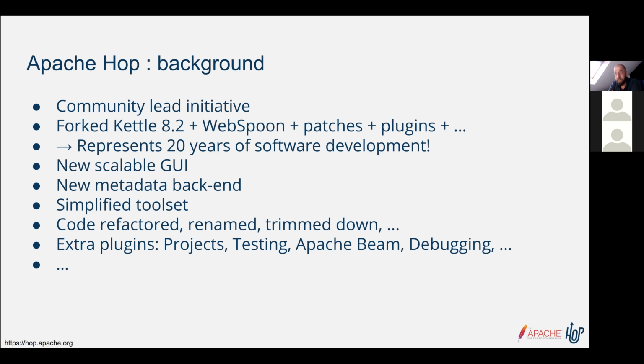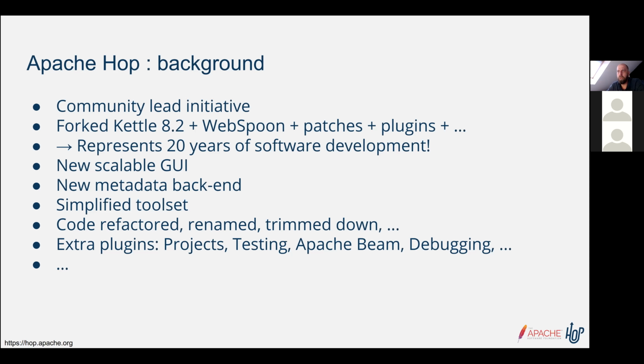So we have the new development that goes into Hop, but we also inherit the 20 years of development that have gone into Kettle. So even though we're a young platform, we have a lot of background, a lot of functionality that is available. One of the things that we did from the very beginning was create a new user interface.